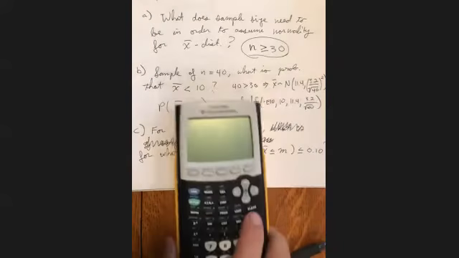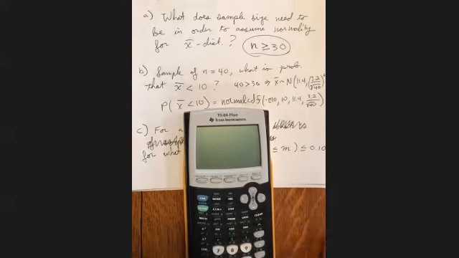So we're going to punch that into the calculator and get an answer. Second vars, second option. Give it all the inputs as indicated: 10, a mean of 11.4, and a standard deviation of 3.2 divided by the square root of 40.